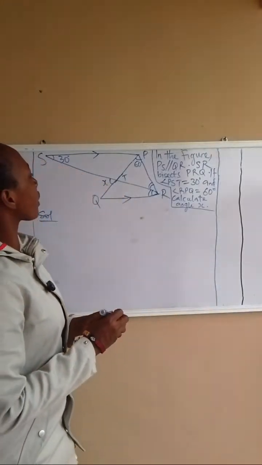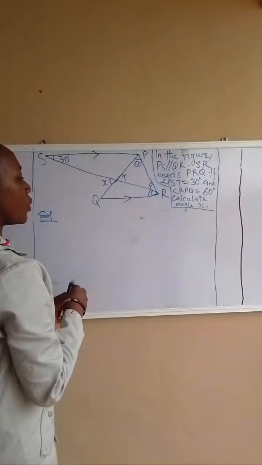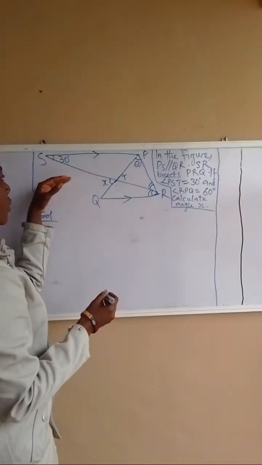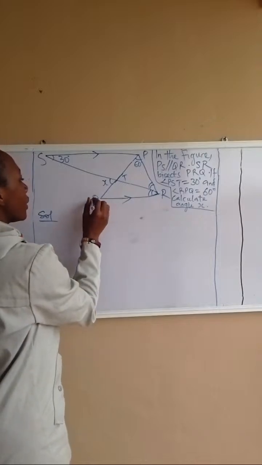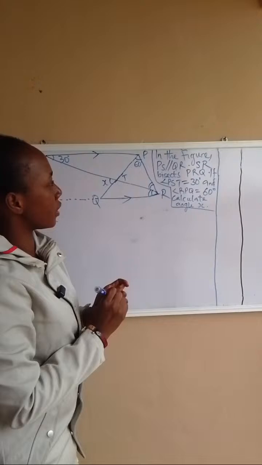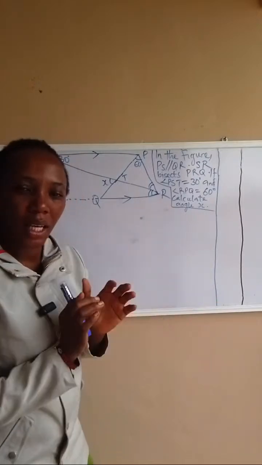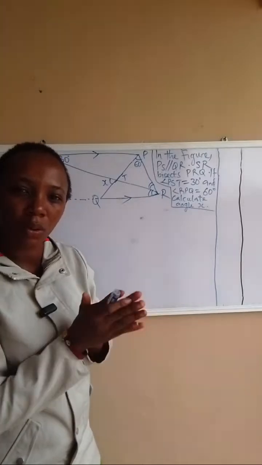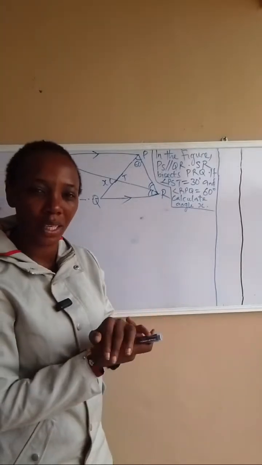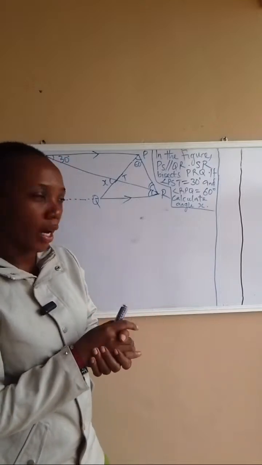So first thing we'll do, these lines are parallel, so they don't meet. We can elongate it so that we understand better. These lines are parallel, they do not meet. And in parallel lines, we can get alternate angles, we can get corresponding angles, and we can get co-interior angles.